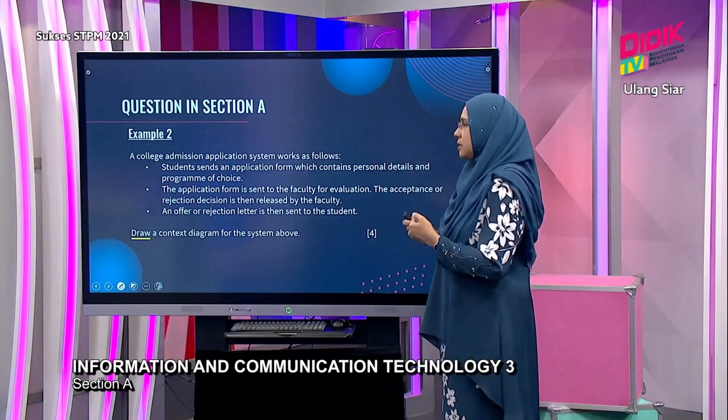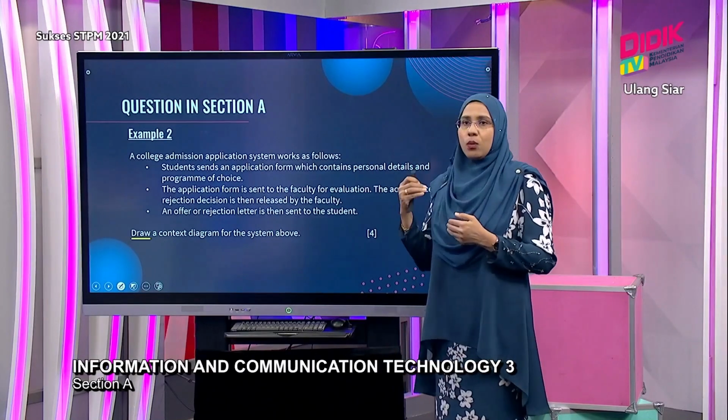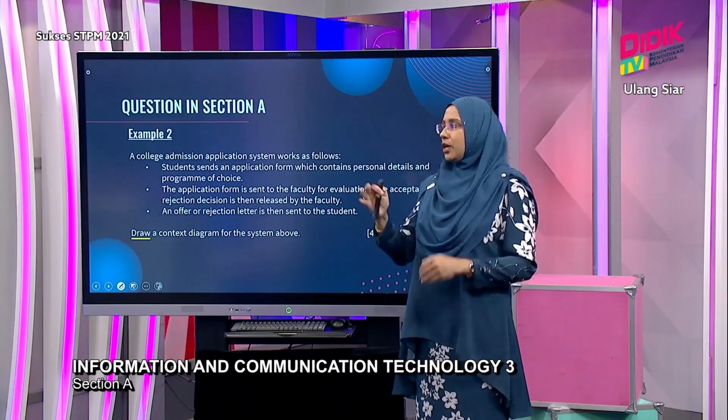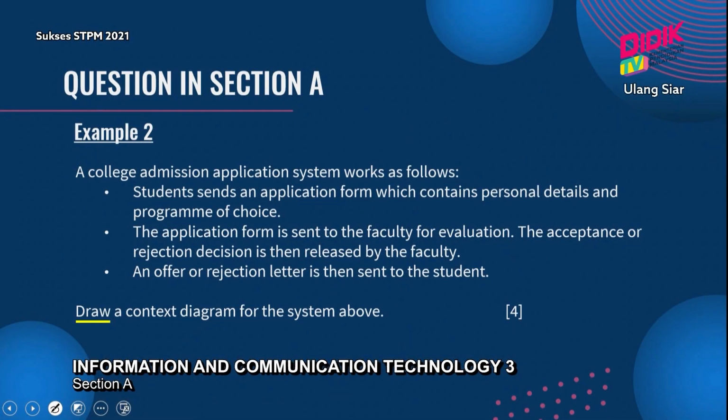Okay, I shall proceed with the next example, with a different verb used in the question. You are given a situation here. The college admission application system works as follows. Read the points carefully, as the information is given in the question.